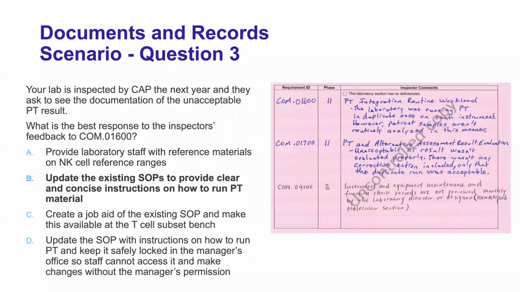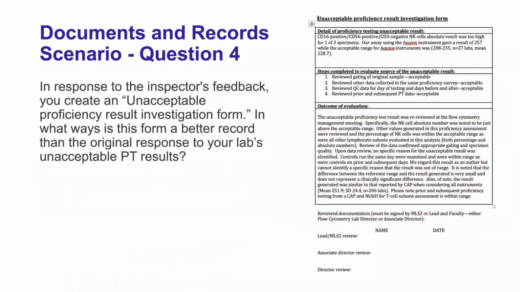Especially if you're keeping paper copies of SOPs, that's how you're managing your documents and records. I think it's important to keep in mind where you're keeping those documents. Of course they need to be in a secure place, but locking them away in someone's office is maybe not the best idea because then people can't access them. All right.